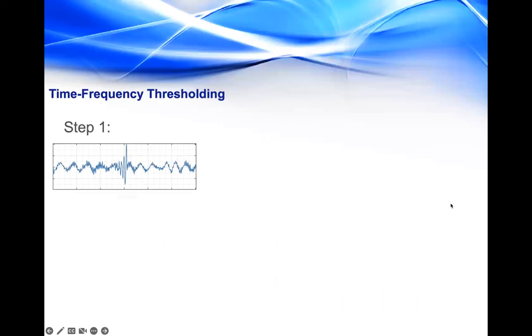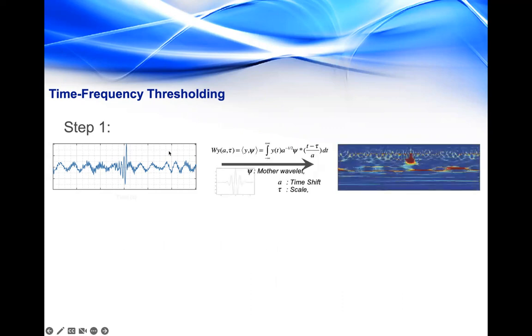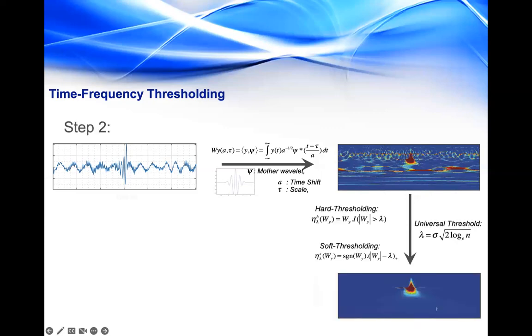This group of methods basically consists of three steps. First, a noisy time series is transformed into the time frequency domain. In the second step, wavelet coefficients are modified to attenuate those components associated with the noise and find an estimate of the signal's coefficients. This is done by applying a thresholding function with an appropriate threshold value.